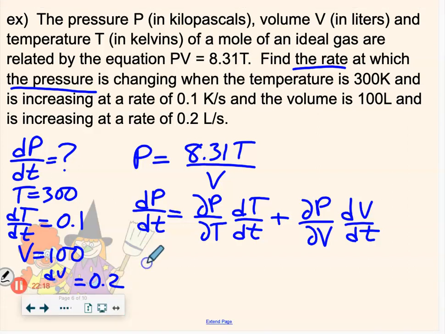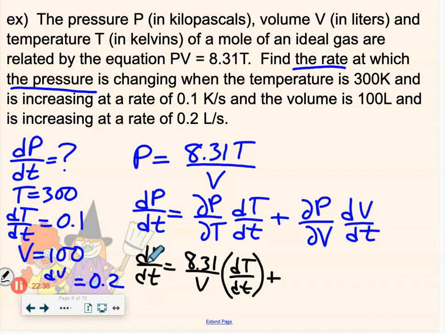All right, so dP/dt equals, so partial P partial T, that would be 8.31 over V, times dT/dt, plus partial P partial V, so that would be negative 8.31 T over V squared times dV/dt.